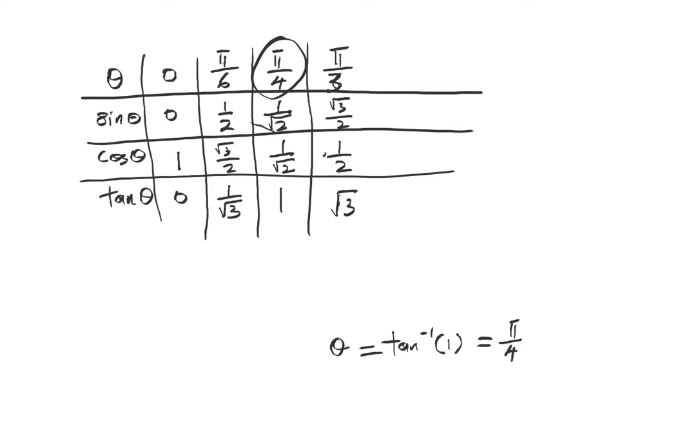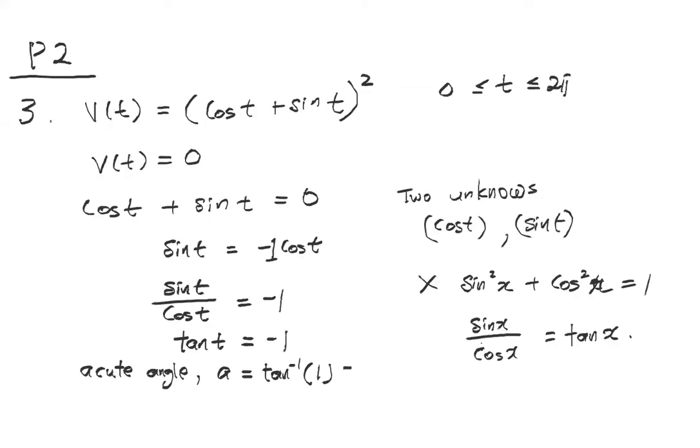Okay, can I move on? So I know that my acute angle is pi by 4. Now look, tangent of that angle is a negative value, correct? So that means t will be in which quadrant?